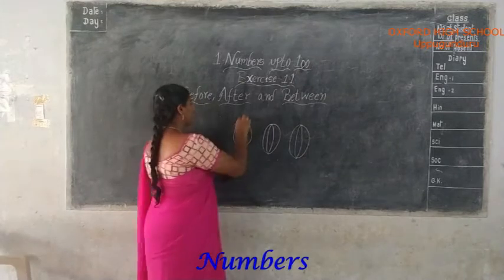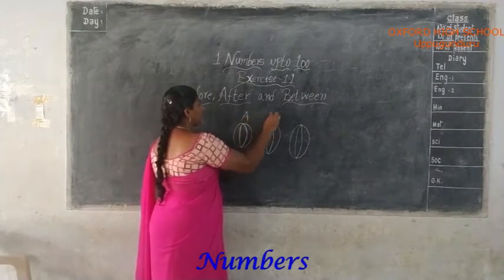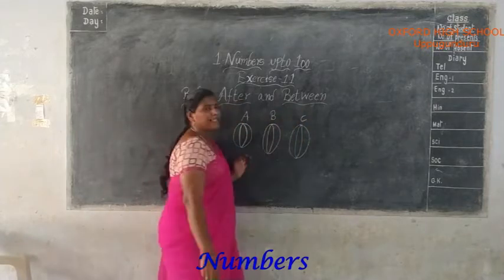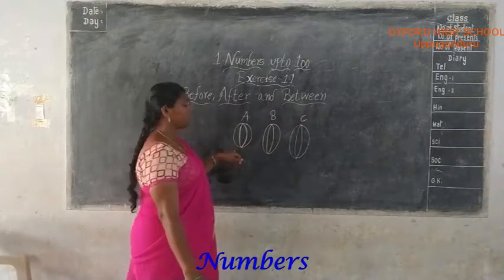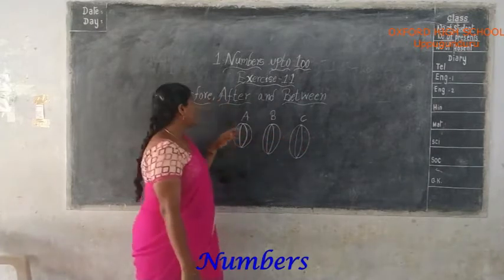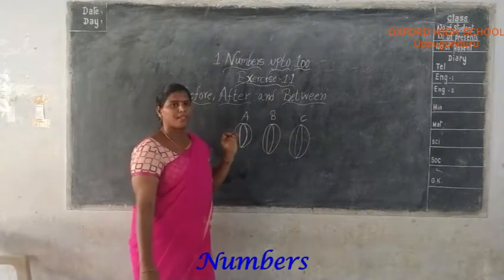Here three balls are there. First ball A, second ball B, third ball C. Here first, before.